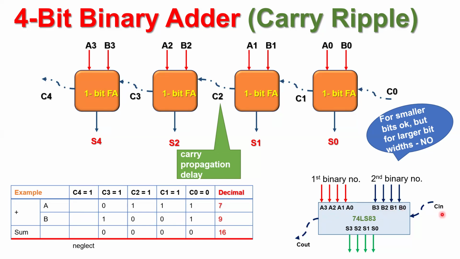This is C in, that is the carry goes in. This is C out, carry comes out. C in here can be 0 because we are just starting the addition. And C out would be whatever is generated. If the carry got generated here, you can neglect or ignore it. Sum is also a bit width of 4, S3 being MSB, S0 being LSB. So this is how your 4-bit binary adder works.